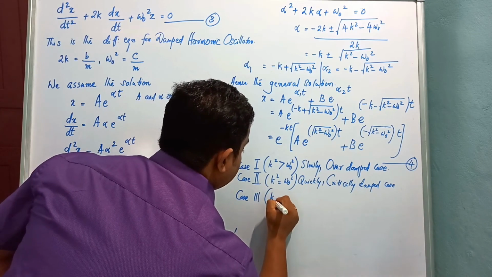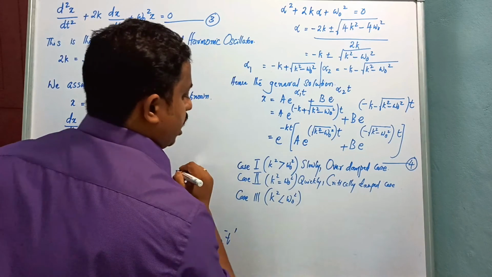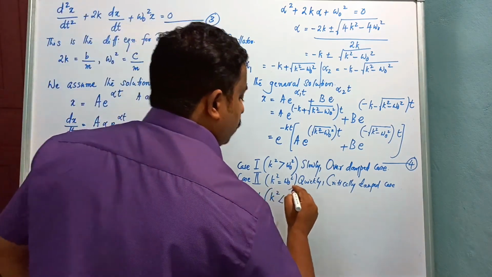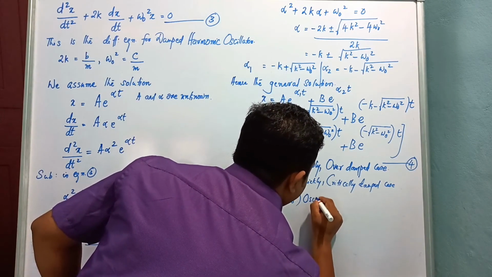Case 3 is k square less than omega 0 square, meaning the damping factor k is less than the natural frequency. In this case it's oscillating.